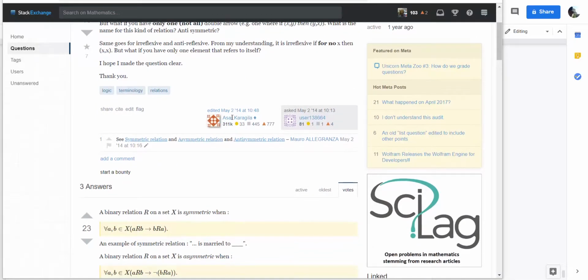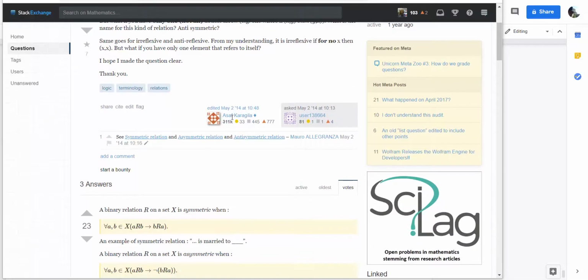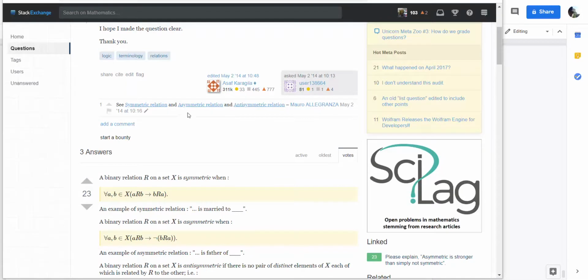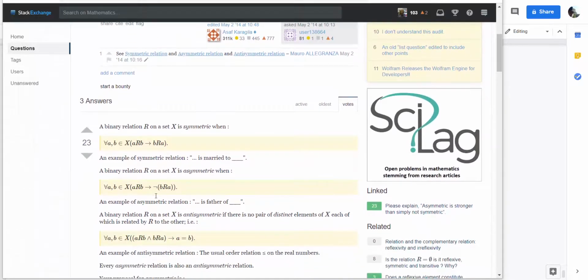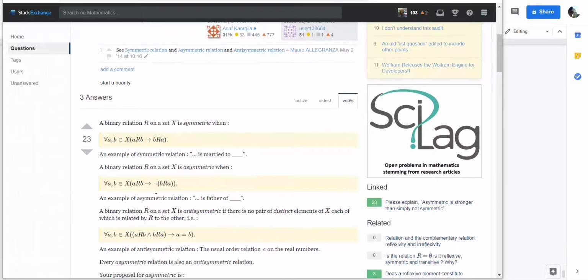Okay, a binary relation. So you have symmetric, asymmetric, and antisymmetric. A binary relation R on a set X, so this is symmetric: married to. A binary relation R on a set X is asymmetric when, is a father of, so that's asymmetric.